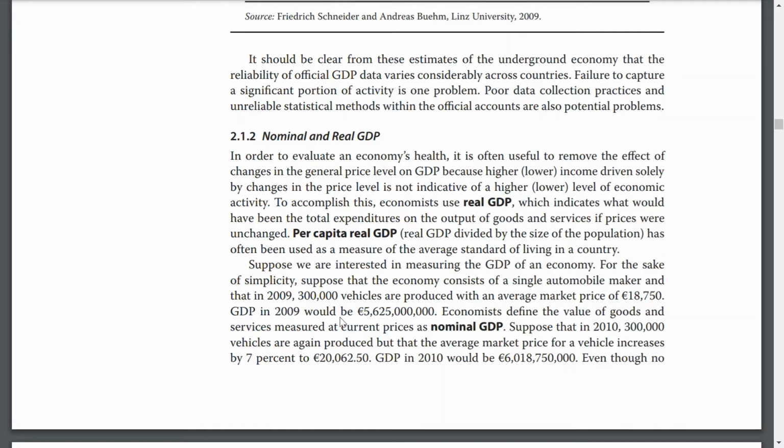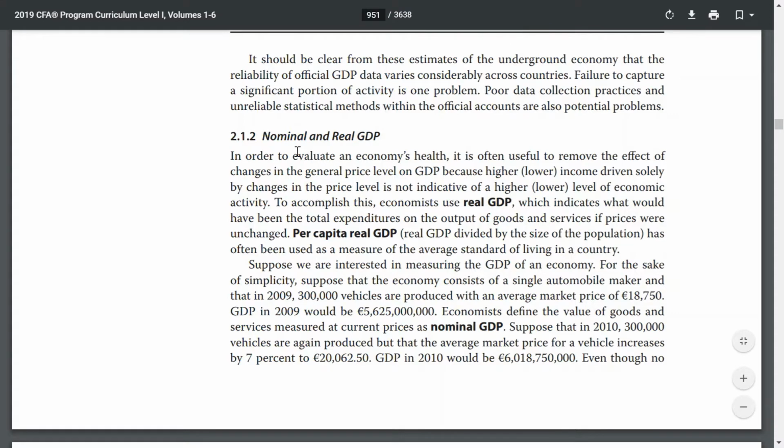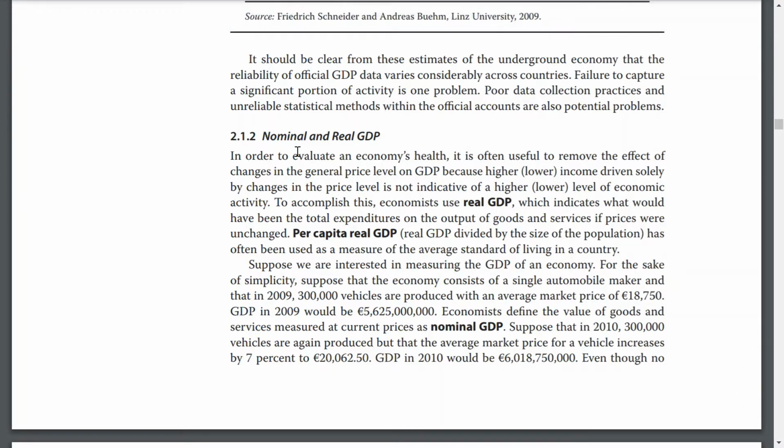To accomplish this, economists use real GDP, which indicates what the total expenditure on the output of goods or services would have been if prices were unchanged, or inflation is not taken into consideration. Per capita real GDP, real GDP divided by the size of the population, has often been seen as the measure of the average standard of living in a country.